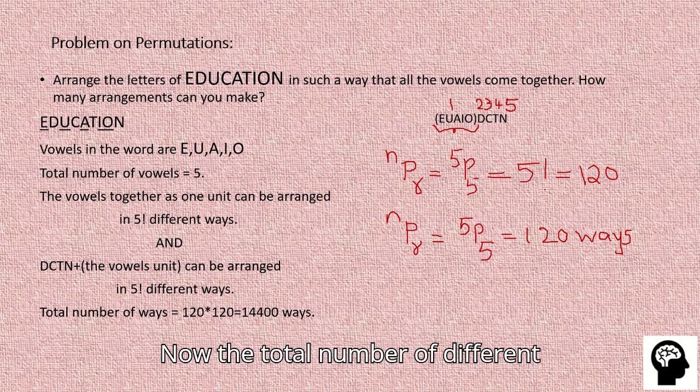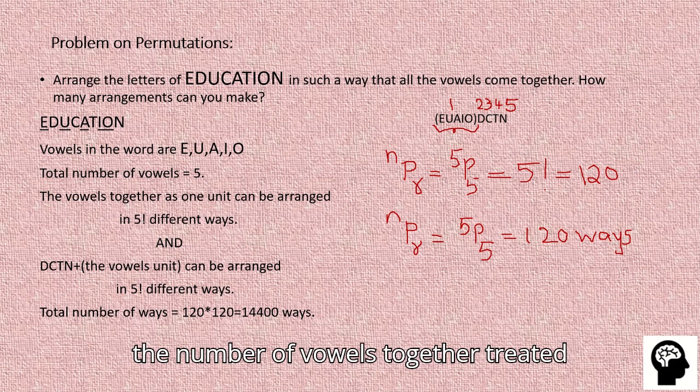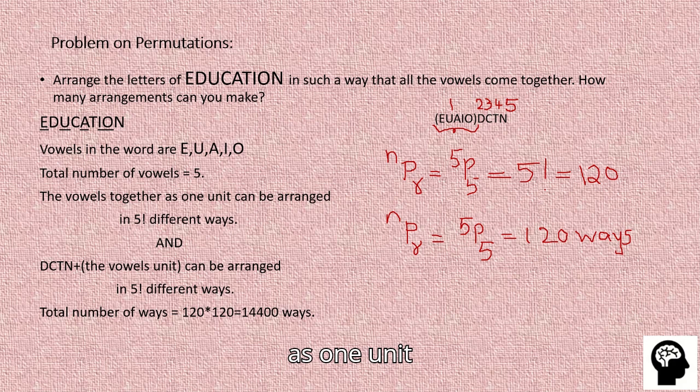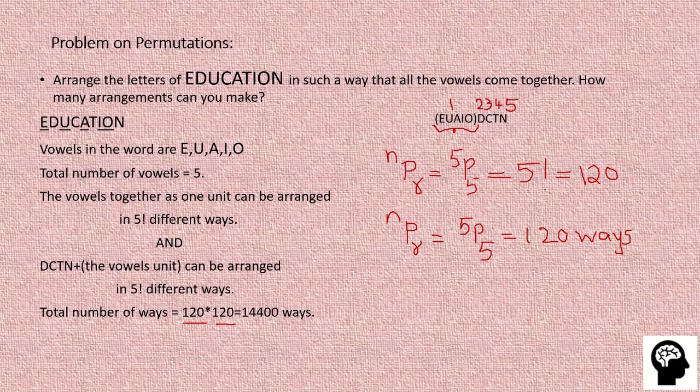Now the total number of different arrangements are the number of vowels together treated as one unit and D, C, T, N plus the vowel unit, and they are calculated as 120 into 120.